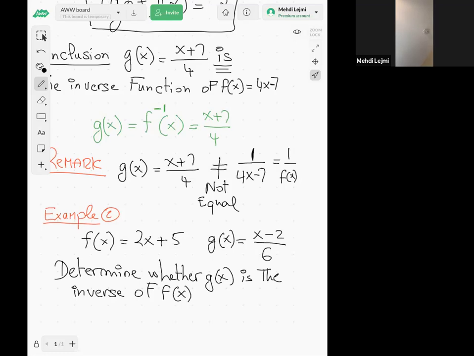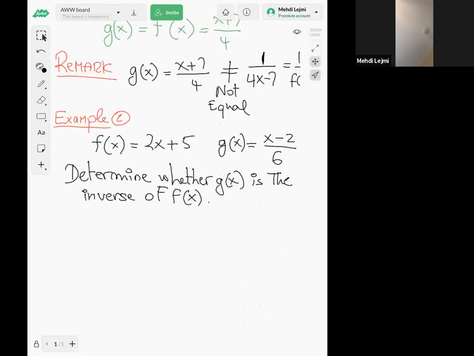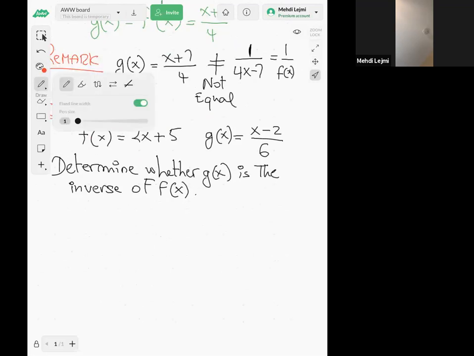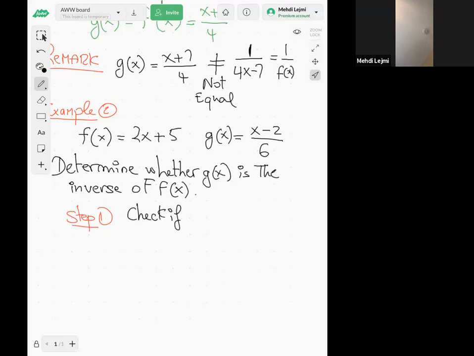Well, let's see. Again, we have 2 steps. So first step, we have to check if f composed with g of x is equal to x.